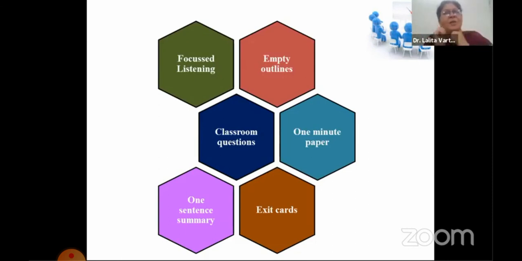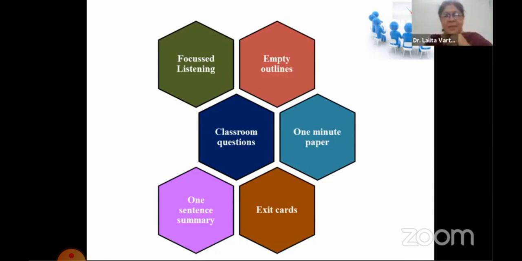Students have to fill in those gaps. The main reason is they will recollect everything that has been done in the session, and when they are able to complete the empty outlines, you are able to correct them then and there, and at the end they carry that summary with them at home, which would help them to learn better next time they have to look at the concept.